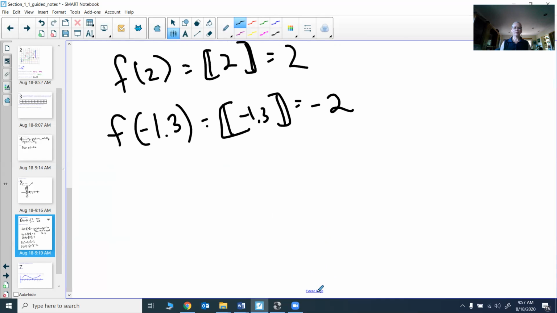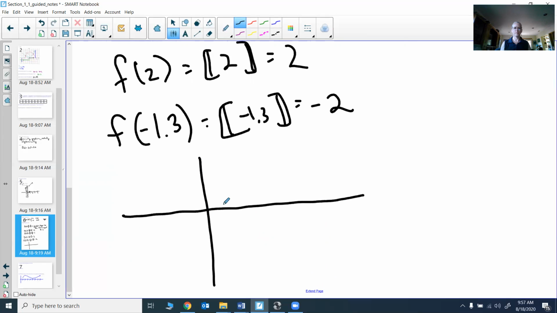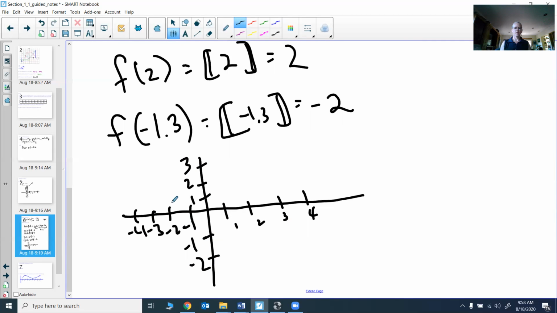The graph of the greatest integer function is a little different. Just drawing this out, it's always good to label your values. If I'm between 0 and 1, I'm going to be 0.